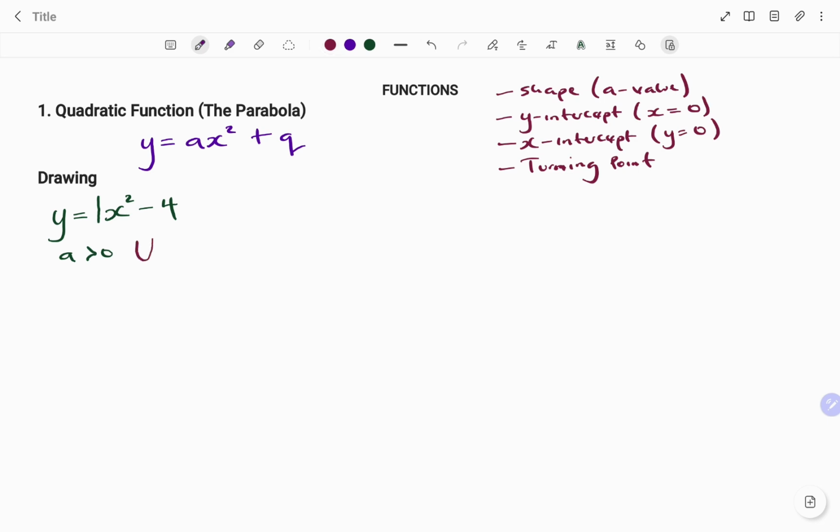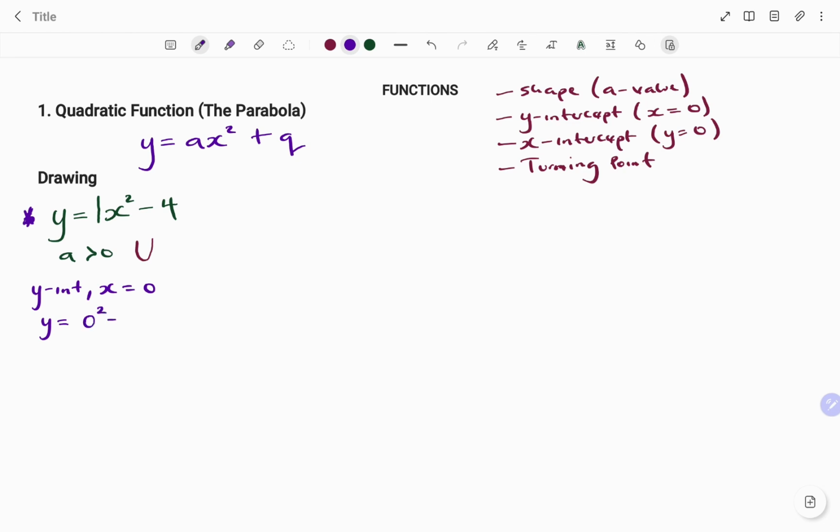The next calculations I'm going to run through are my y-intercept and my x-intercept. Starting with my y-intercept, the value of x is equal to 0. So I'm going to use the equation of the parabola to calculate the coordinates of my y-intercept. I have y equals x squared minus 4, x is 0, so I'm going to replace my x with 0.